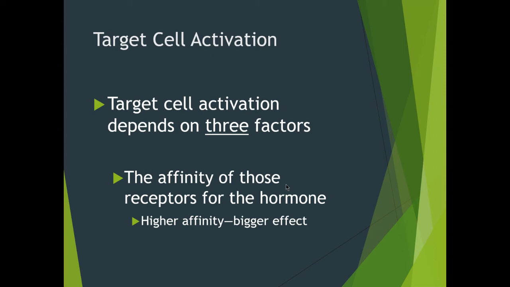Remember, it's like a lock and a key. If they don't fit together exactly the way they're supposed to, it's not going to work. And that's called affinity. So the affinity is how well they fit together. And the higher the affinity, the higher the fit, the bigger the response we're going to see.